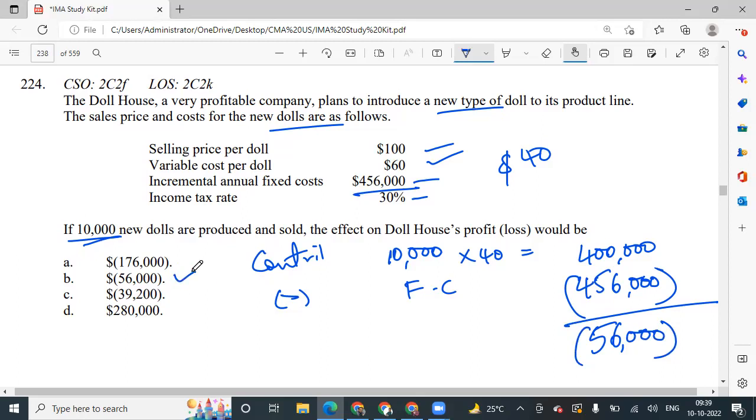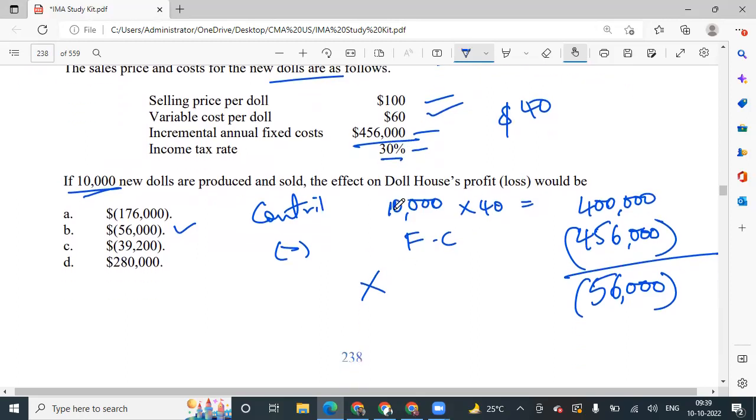If you take $56,000 going forward, that's wrong because you have to take tax into consideration also. When we talk about tax, you should also remember there is always an advantage of tax. Suppose you get a loss of this much, you are saving on tax. How much are you saving? It is nothing but 30% of this, because that's given in the question. So when I take 30% of $56,000, what answer do I get?